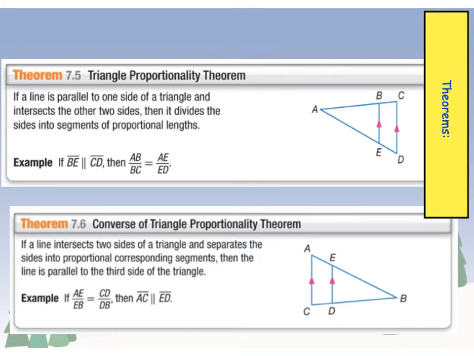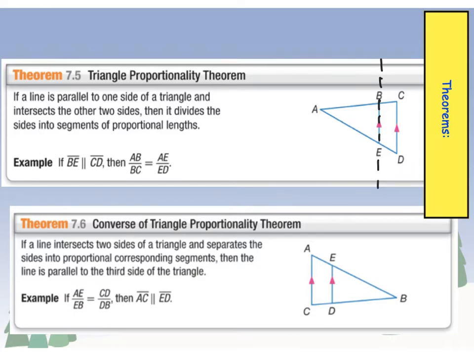The first is the triangle proportionality theorem, which states if a line is parallel to one side of a triangle and intersects the other two sides, it divides the sides into segments of proportional lengths. In this case, the line that is parallel to one of the sides and intersects the other two sides of the triangle is segment BE.